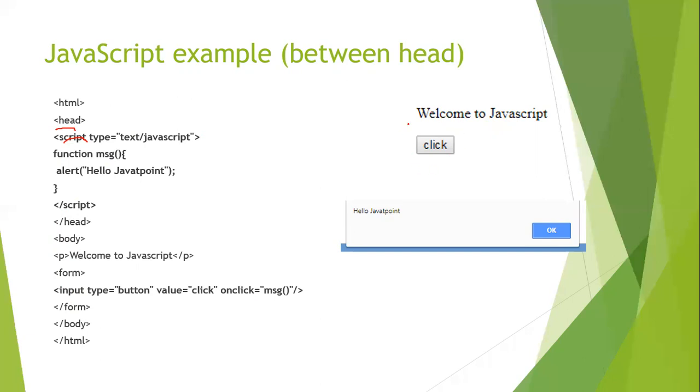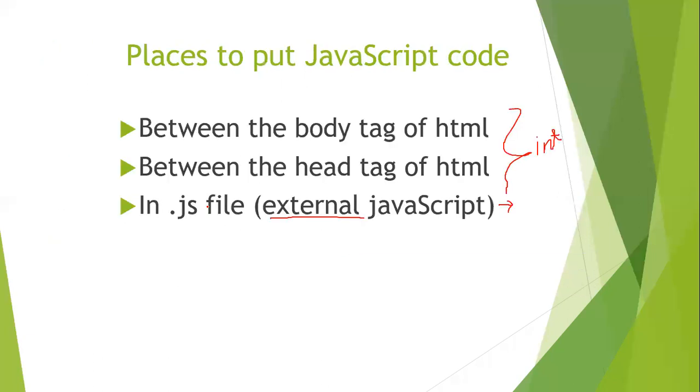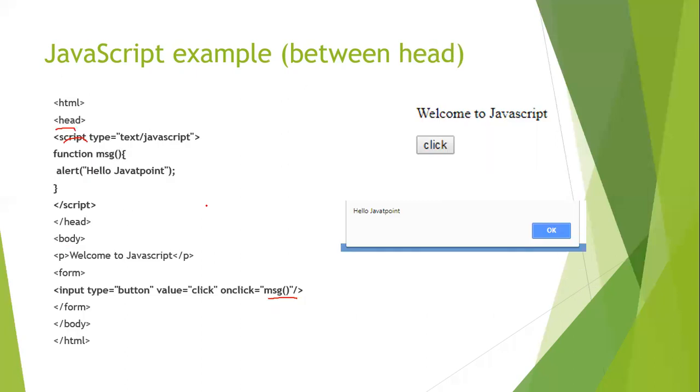On click event of that button, we are giving a call to the JavaScript function. Okay, so on click event we are giving a call to the MSG function. This MSG function is the JavaScript function. Okay, so this will get called. Okay, and this implementation we have written within the head tag.